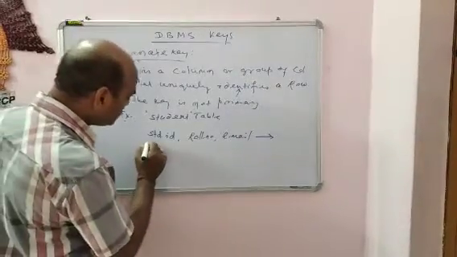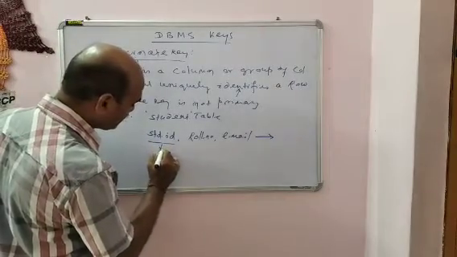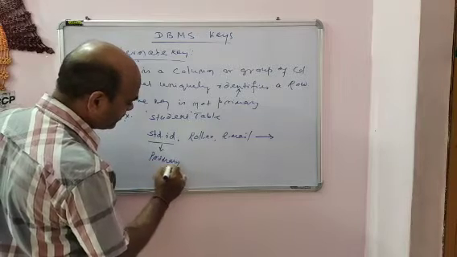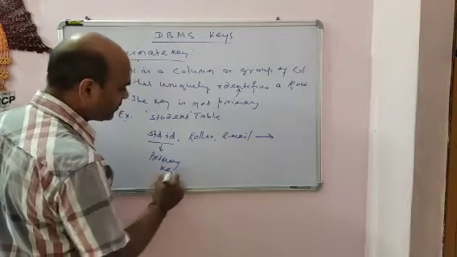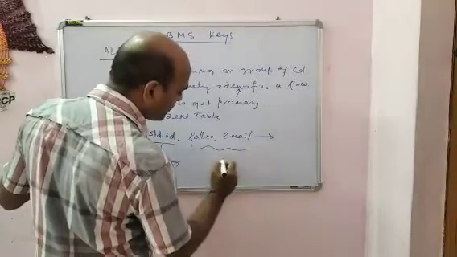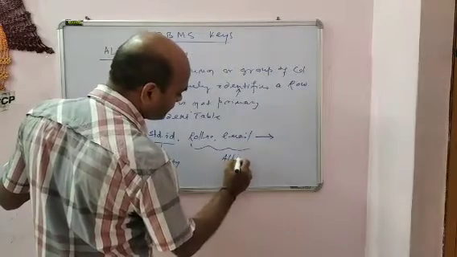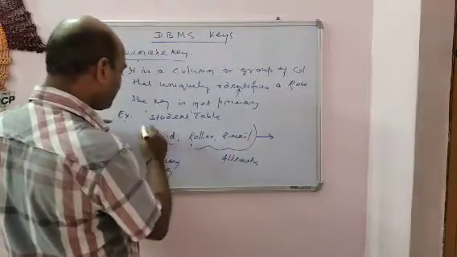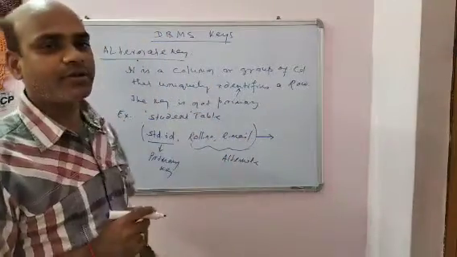So only student ID may be the primary key, and all others are the alternate keys. But combined, they act as a primary key.